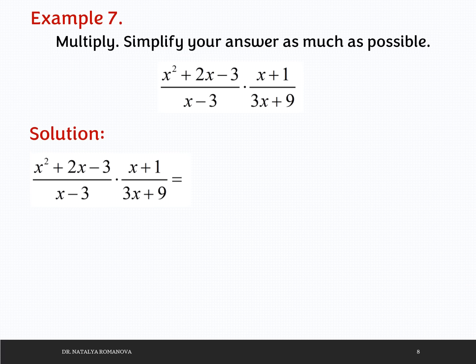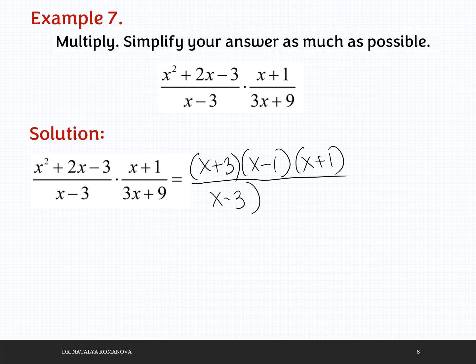Example 7. We have to multiply two rational expressions. The first step is, well, we have to factor the numerator and denominator. X squared plus 2x minus 3 has the factored form (x plus 3) times (x minus 1). After that, (x plus 1) is our factor, divided by (x minus 3).